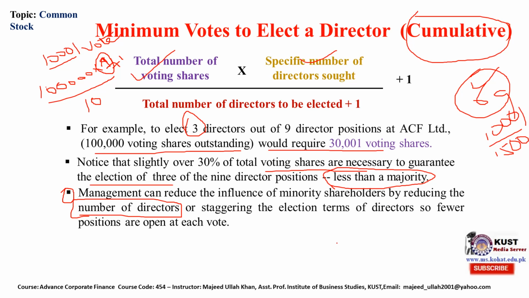Or they will stagger the election term. Staggering means half of the board is retired now and half will be elected now, and the other half will be retired after 4 years, then half will be elected at that time. So the number of directorships remaining becomes very limited and hard for the minority shareholder to elect any director on the board.